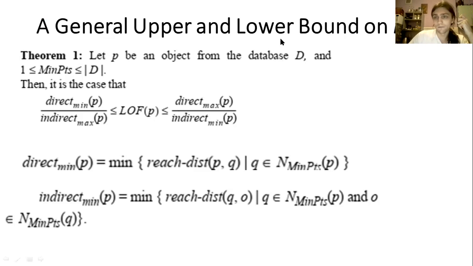LOF for elements of a cluster is equal to 1, and when there is an outlier, the outlier has values of LOF, for example, 1.2, 1.4, and other variants.